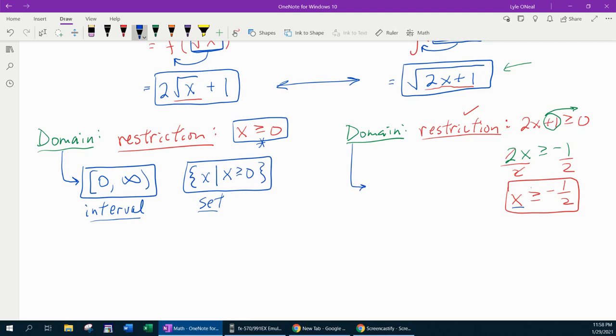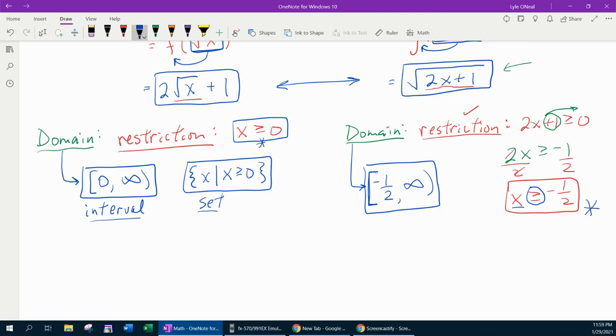If x has to be greater than or equal to negative 1/2, then that means everything from negative 1/2, including negative 1/2, to infinity. That's going to be your domain in interval notation. And remember I said that the set notation is even easier than that.